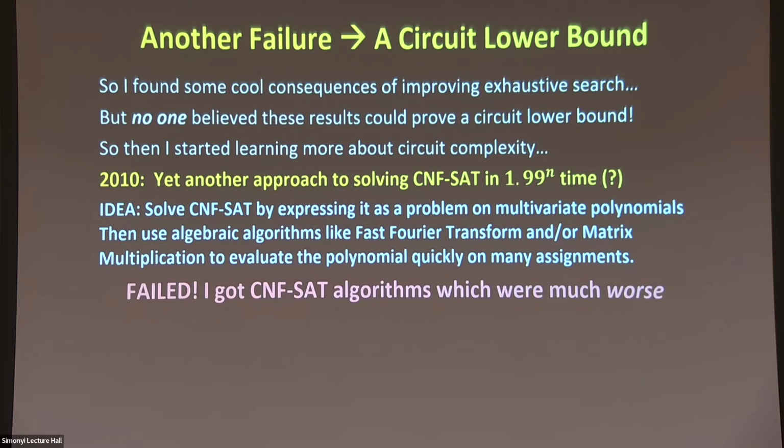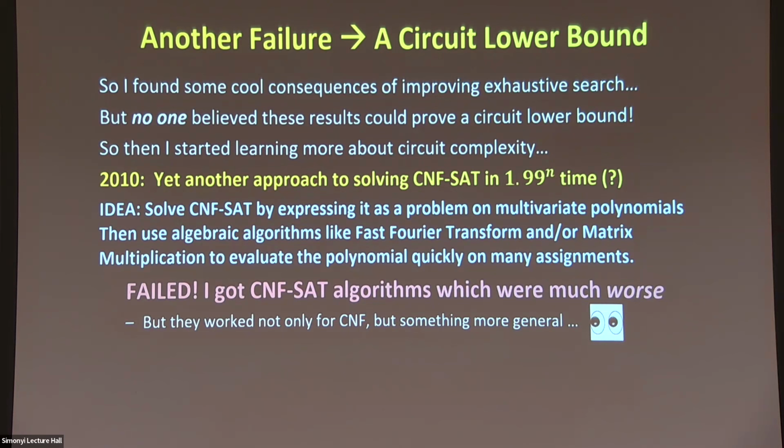And this failed. In fact, the CNF SAT algorithms I got were even worse than the best ones known. However, this algebraic approach turned out to be very generic, much more generic than solving CNF. It works for much more expressive logic than just a CNF.